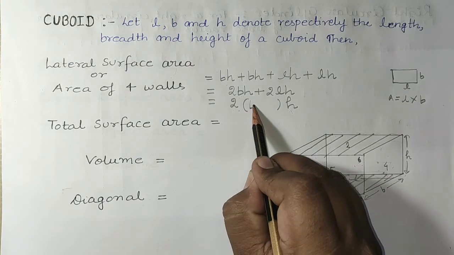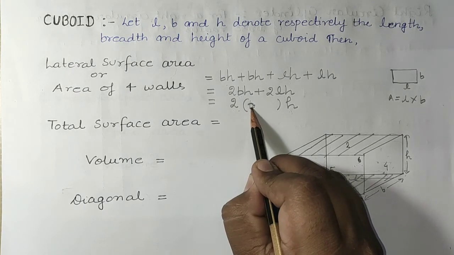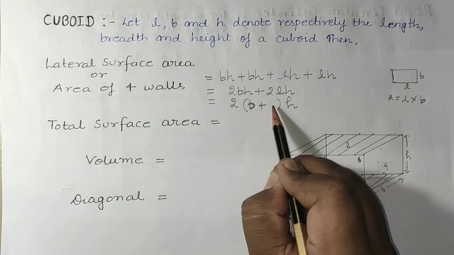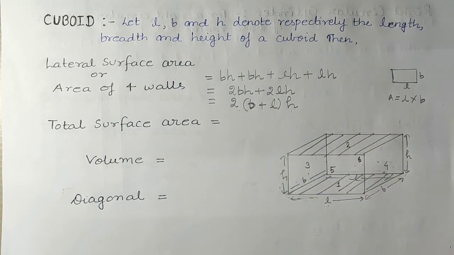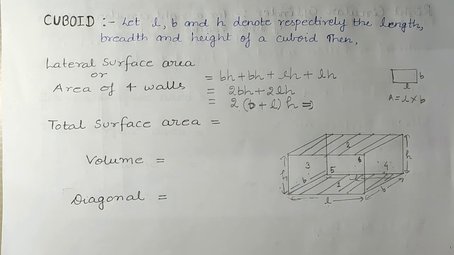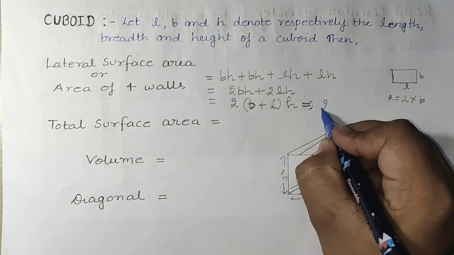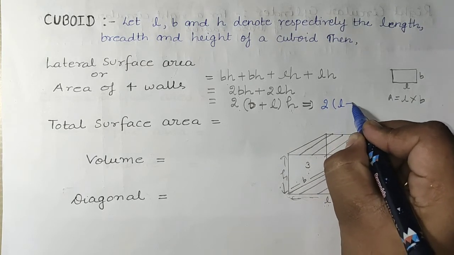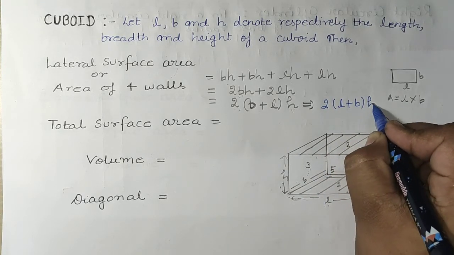From here B will be left, and from here L will be left. So you can write the formula like 2 into L plus B into H.